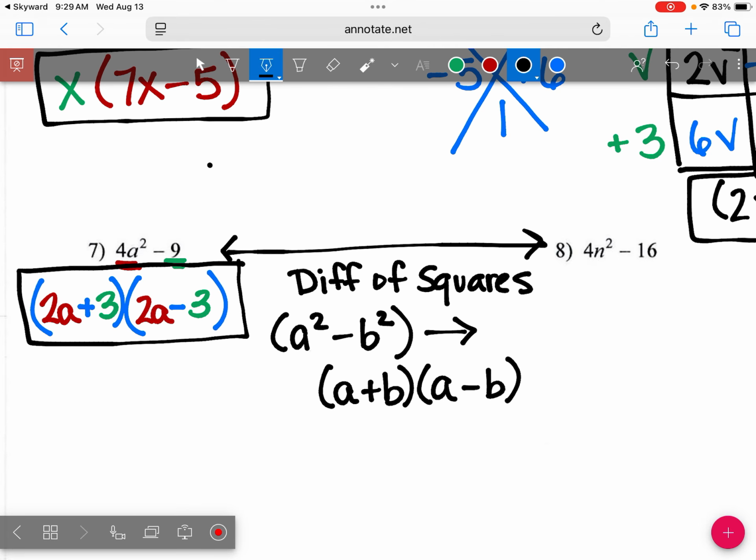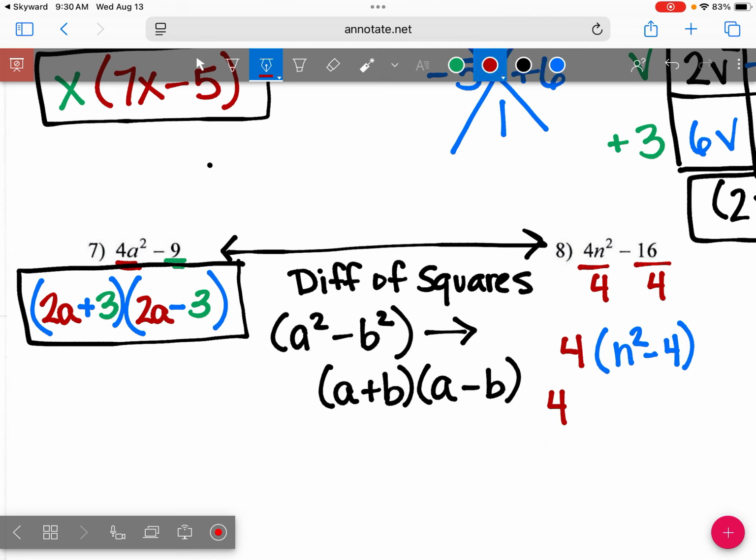All right, number 8. Even though both of these are in the front, they still have a GCF. What's the GCF I can take out of 4 and 16? The biggest number that goes into 4 and 16? 4. Let's do that. Divide both of these by 4 first. And then I have n squared minus 4.